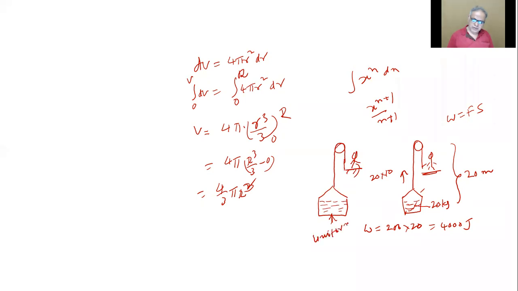What do you mean by uniform rate? For every second the same amount of water, or for every 1 centimeter as it moves up, the same amount of water. Initially 20 kg was there, for example, but by the time you came till here, 10 kg only remained. You follow?